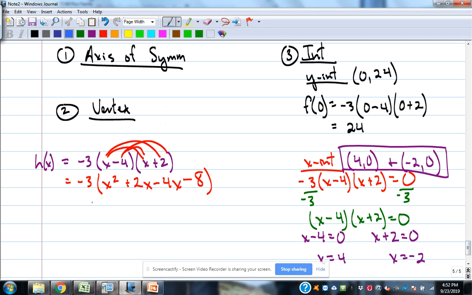And then I'm simplifying that to be -3 parentheses x squared minus 2x minus 8. So I put the like terms together in the middle there. And now I'm going to distribute the -3. I mean -3x squared plus 6x plus 24.